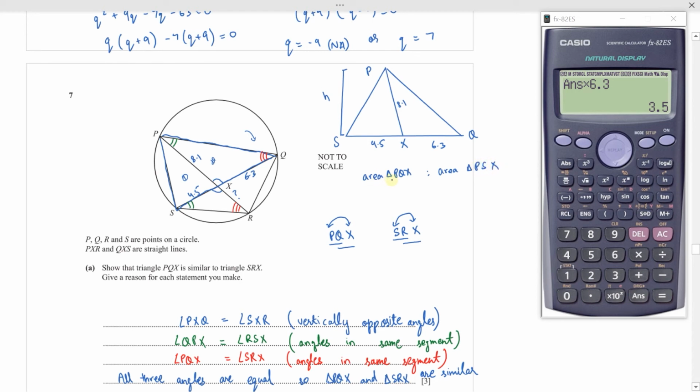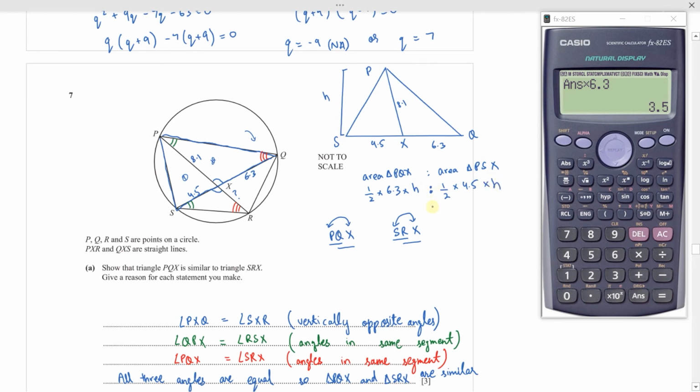So what is the area of triangle PQX? This is the base and this is the height. So 1 by 2 into base QX, which is 6.3, into height H. Area of PSX, this triangle here: its base is 4.5, so 1 by 2 into 4.5, and the height is the same, which is H.